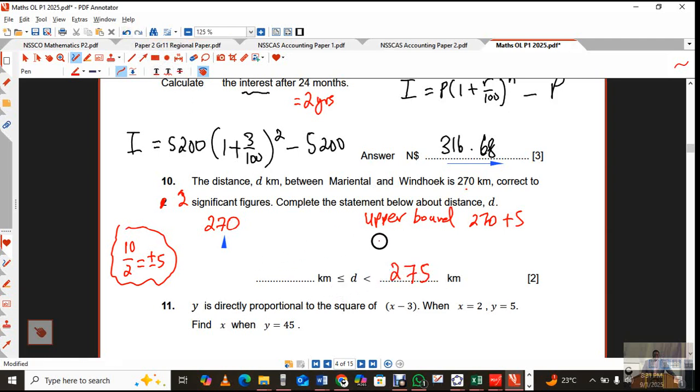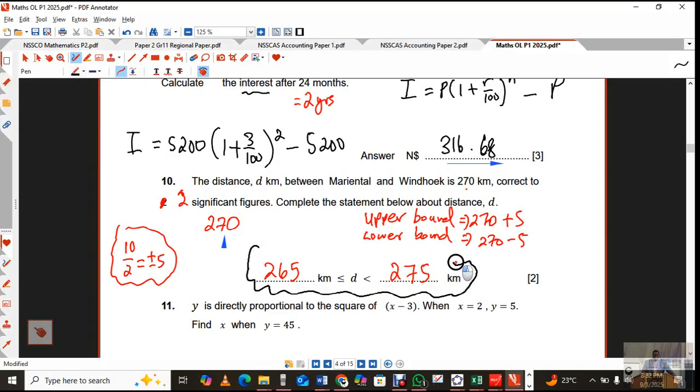And the lower bound is 270 minus 5, which is 265. That is basically what you're supposed to do. Write them in the correct order so you don't lose marks.